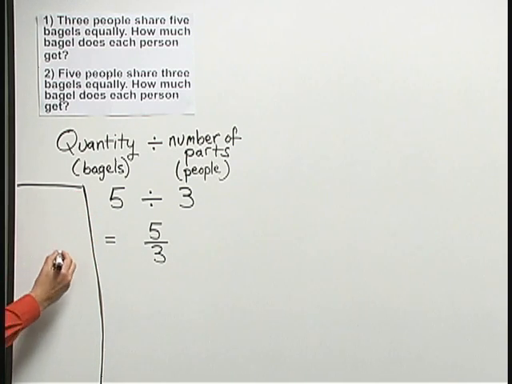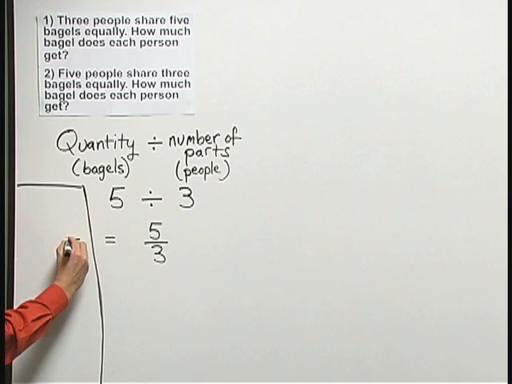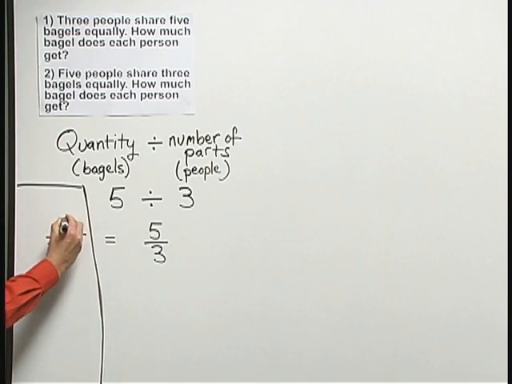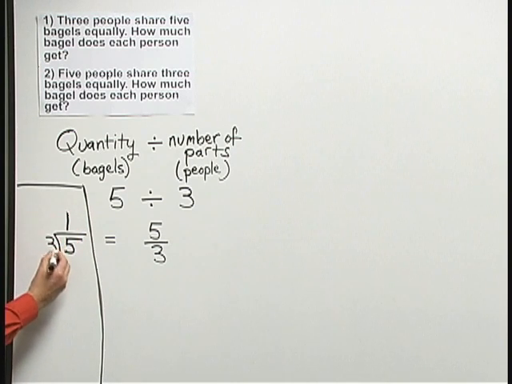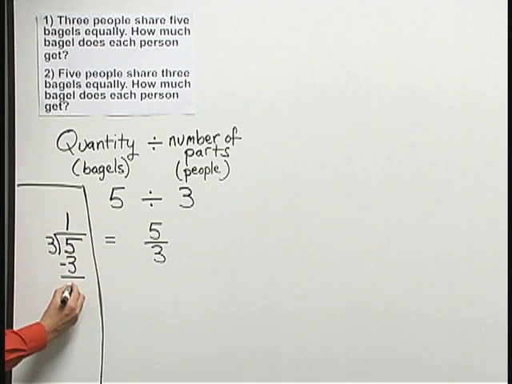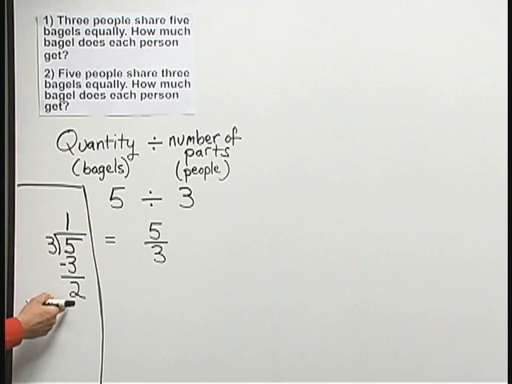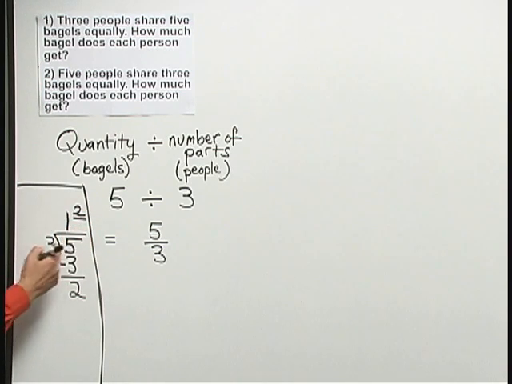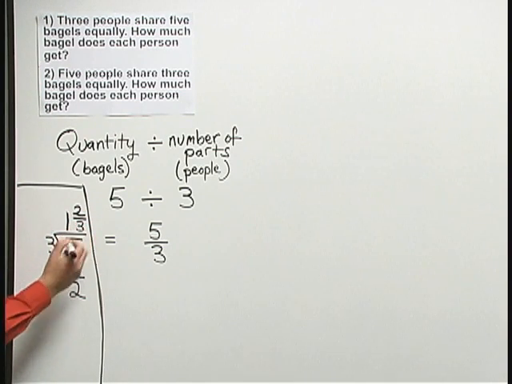We can convert that by taking 5 and dividing by 3. 3 goes into 5 one time. 1 times 3 is 3. Subtract, we get 2. And that's our remainder in the division. The 2 here represents the 2 whole bagels that we had to cut up. If I write my remainder in fractional form, I write that 2 over the number in front, 3.